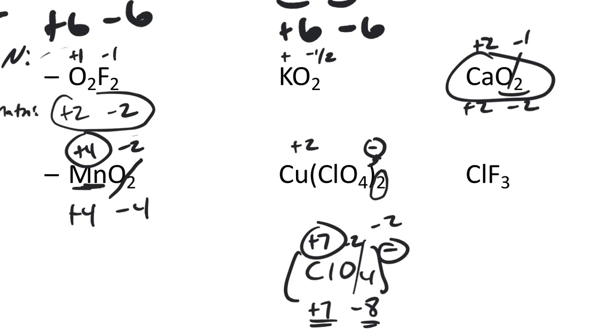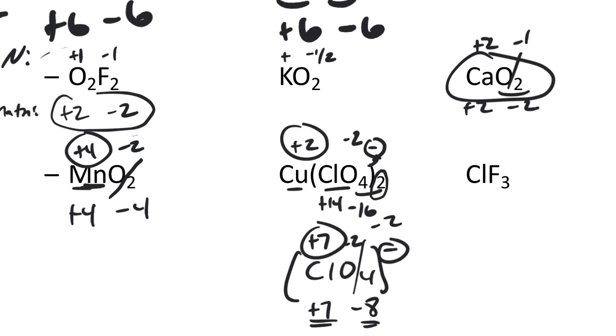If you were to come back up to the compound here and double check, you're probably doing a -2 for the O's and then doing times 8 for ClO4 times 2. So you're probably doing a -16 for all of those atoms here, and then we're getting a +14 because we already have the +2 over here.